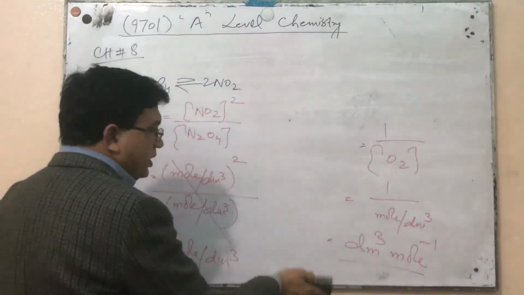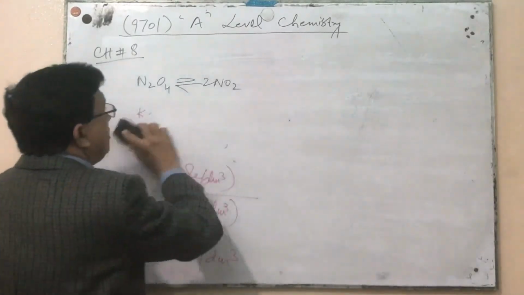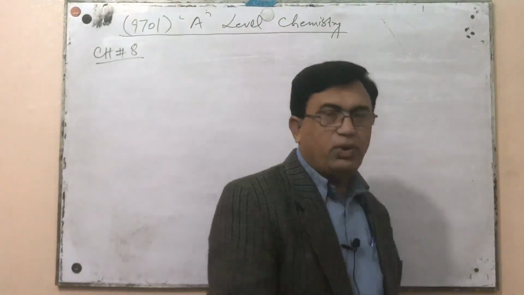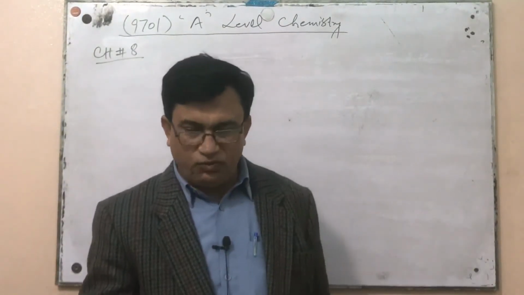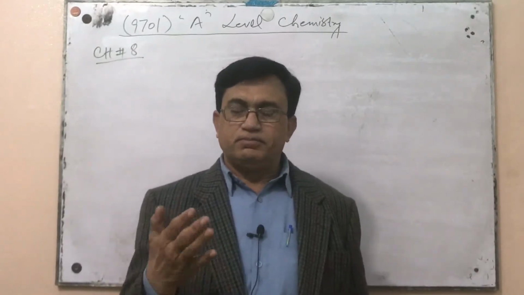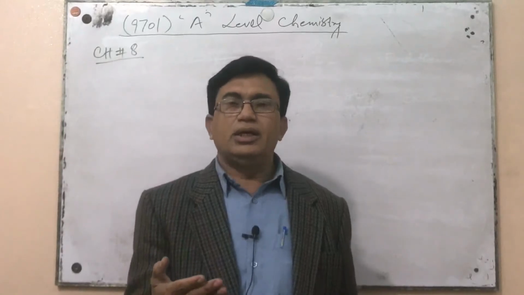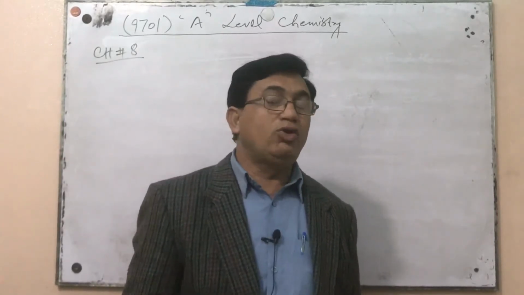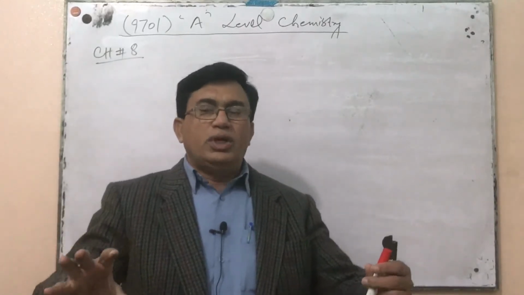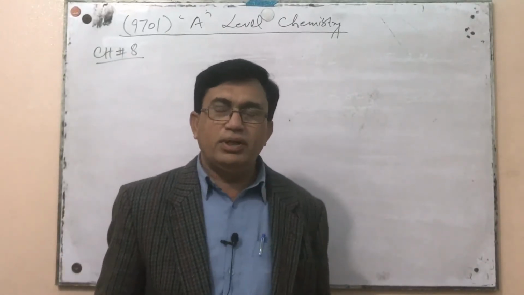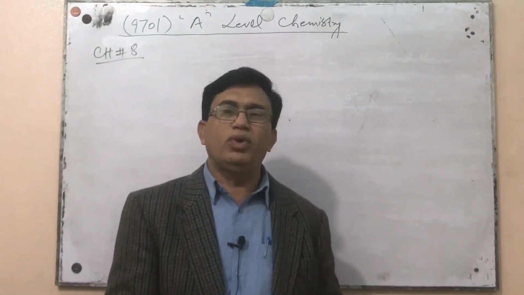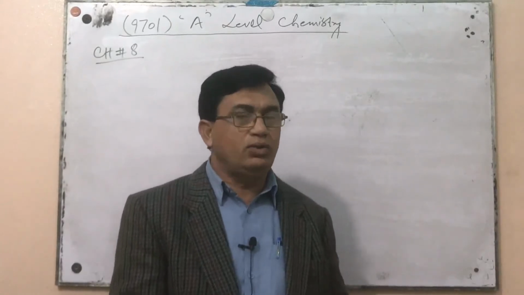Now, next we can use this equilibrium constant expression for calculation. The most important point in this regard is if the concentrations of reactants and products are given at the equilibrium point, when the equilibrium is established, then we just have to take the values of reactants and products and put them into the equilibrium constant expression, and then by calculating we can easily find the equilibrium constant value.